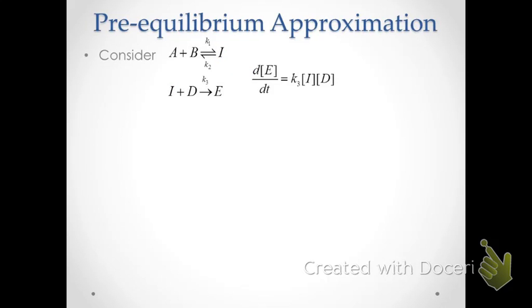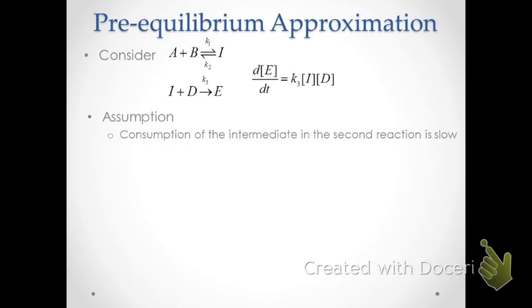Now, if we are looking at the rate at which our product E is produced, we'll note that it's produced in this third step, which gives us a rate expression of k3 times I, the concentration of the intermediate, times our concentration of D. Now, in the pre-equilibrium assumption, we're going to assume that the consumption of the intermediate in this last step is very, very slow.